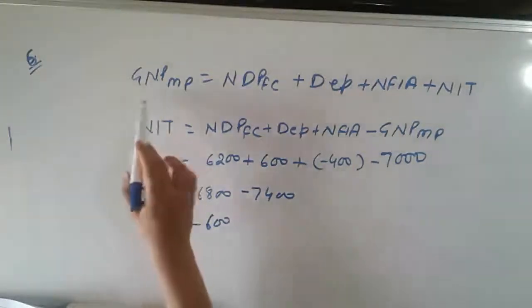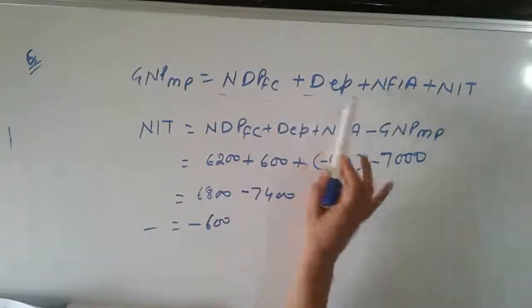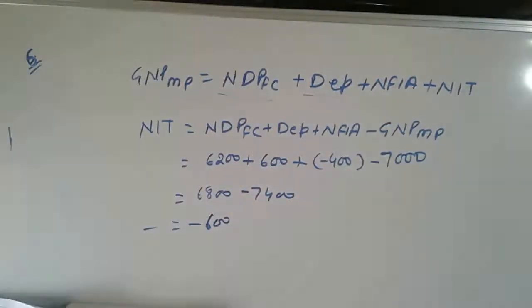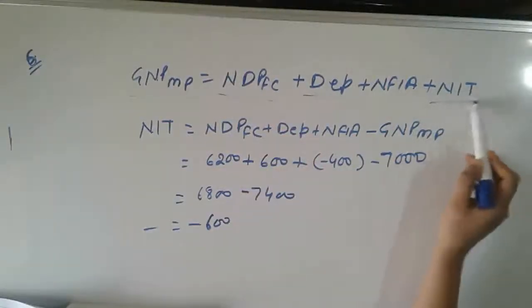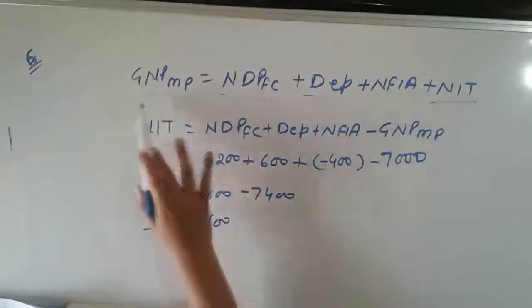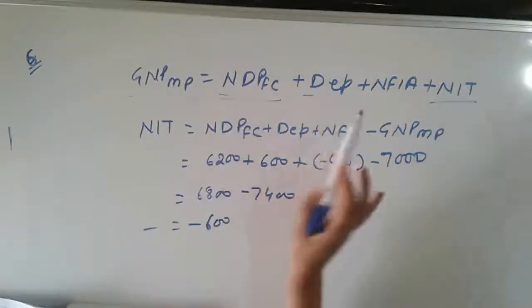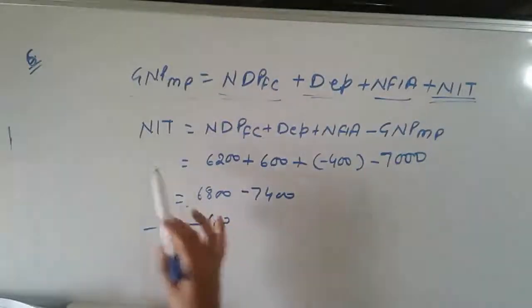So the consumption of fixed capital is 900. In example number 6, we are given GNP at MP, NDP at FC, depreciation, NFIA, and we have to calculate NIT.